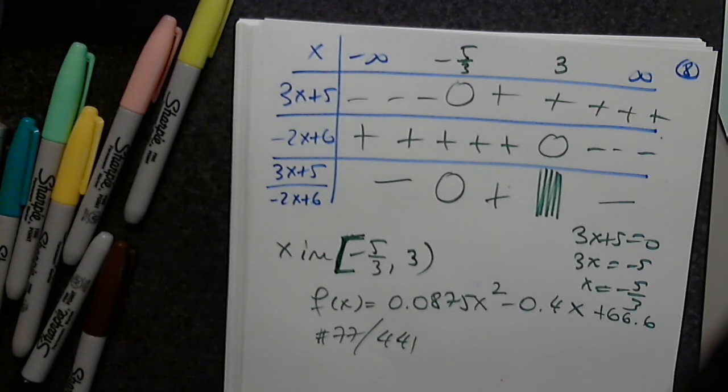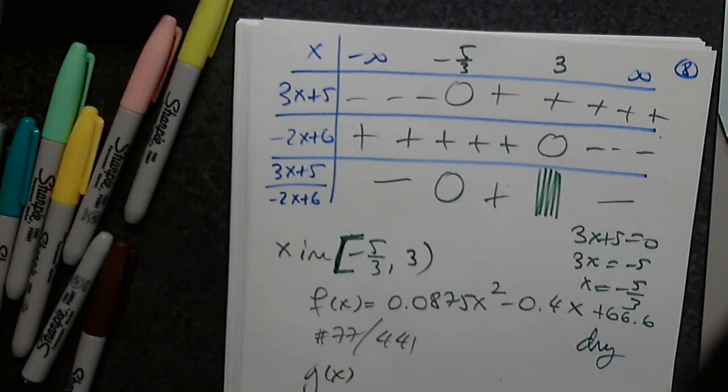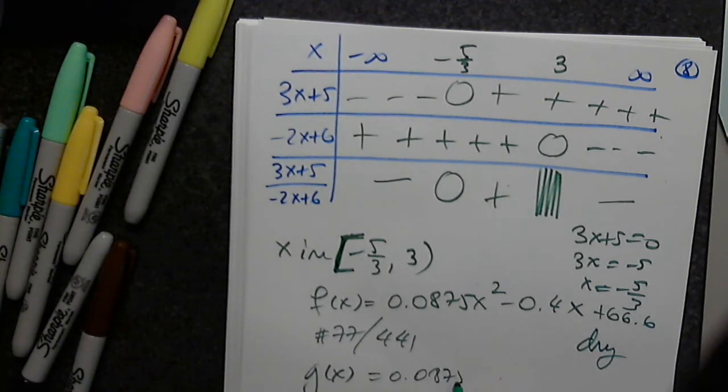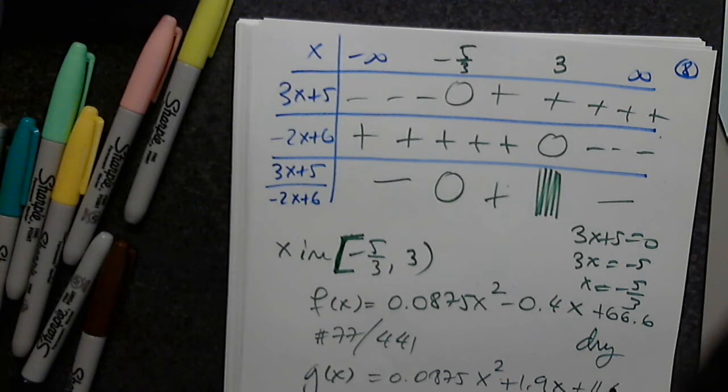on 441. Forgive me, I should have written it myself. Use the given function at the bottom of the previous page, which I copied for you, to find the stopping distance on dry pavement and the stopping distance on wet pavement for a car traveling 35 miles per hour. So they want the other one too. So this is on dry, and g of x is 0.0875x squared plus 1.9x plus 11.6.